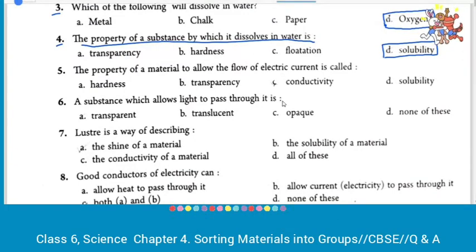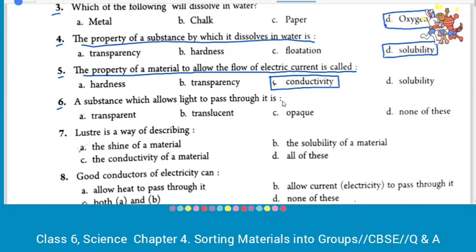Fifth question: the property of a material to allow the flow of electric current is called hardness, transparency, conductivity, solubility. The property of a material to allow the flow of electric current is called conductivity.